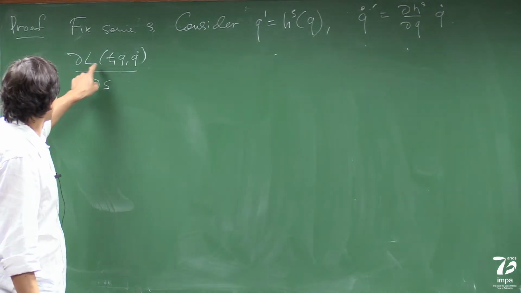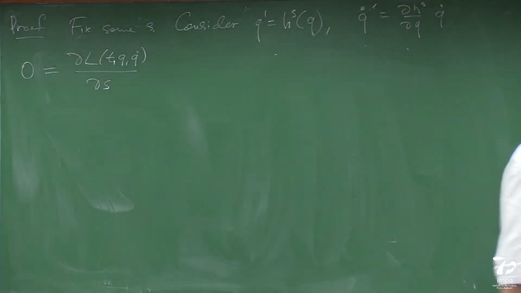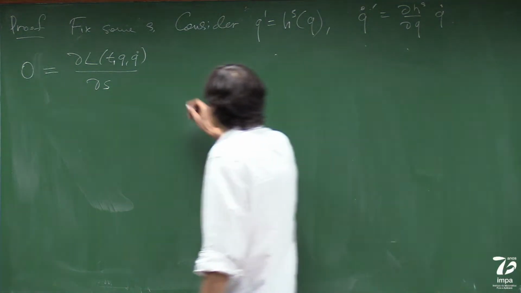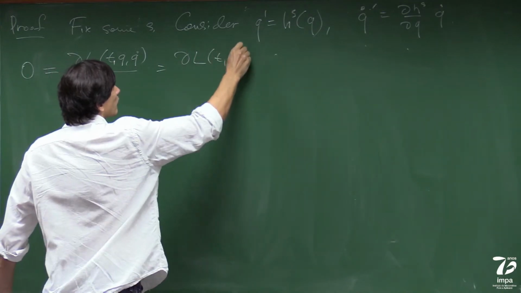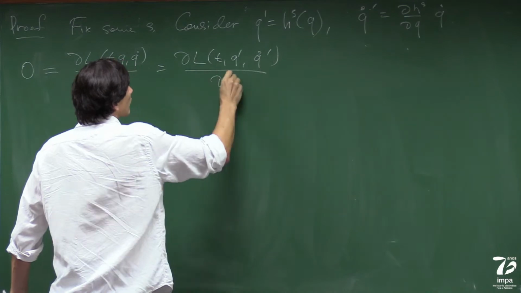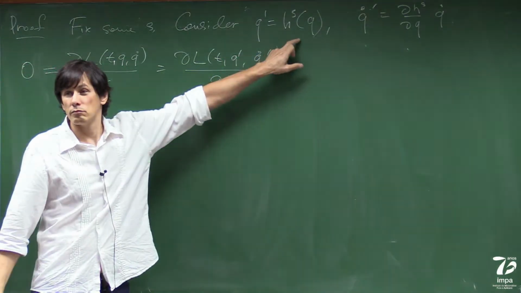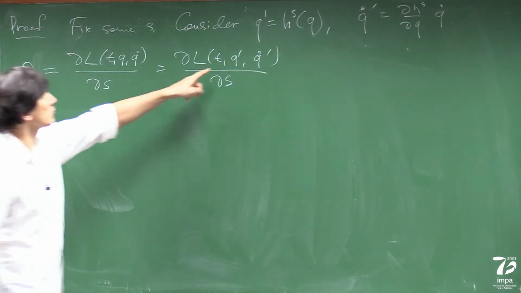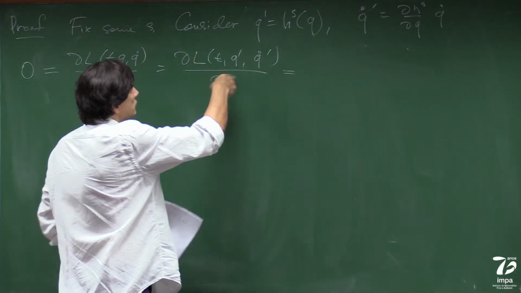Now, the Lagrangian function has the same value as the Lagrangian function with new coordinates. These do depend on S. So q prime depends on S, and this depends on S. So now we can open this derivative with the chain rule.